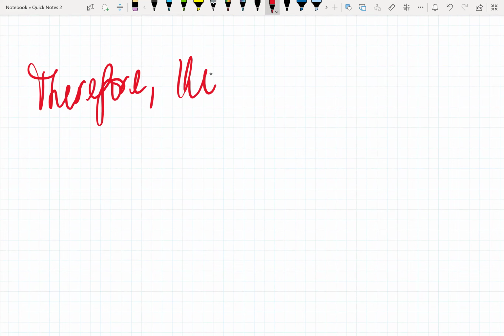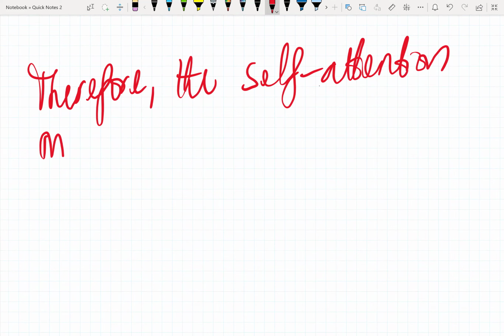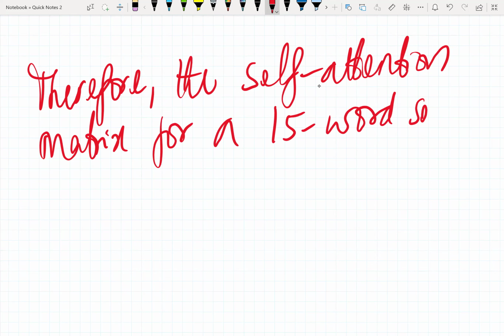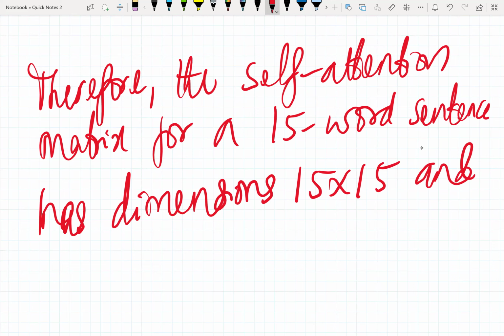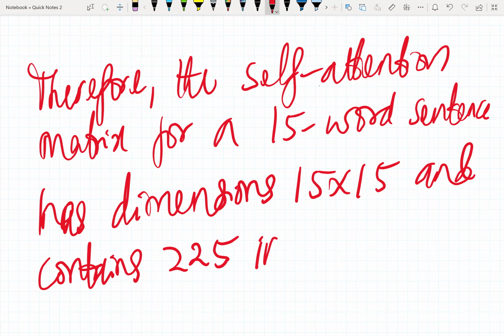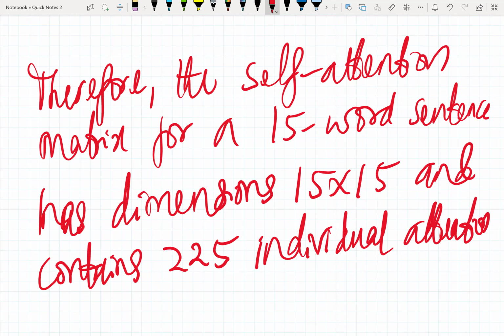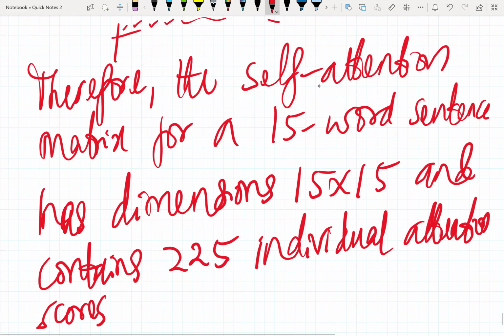Therefore, the self-attention matrix for a 15-word sentence has dimensions 15 by 15 and contains 225 individual attention scores, because it is going to be every word 1, 2, 3, 4, 5, 6, 7, up to 15, and again 1, 2, like that.